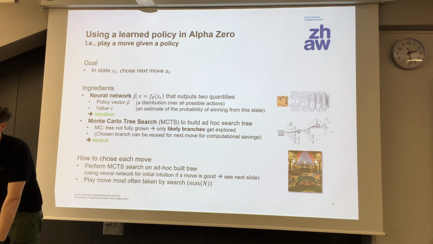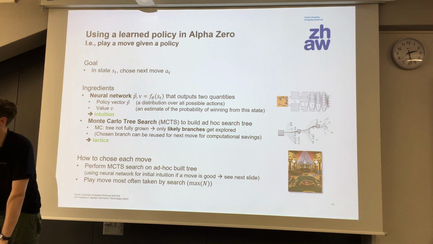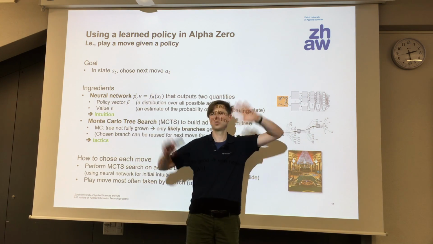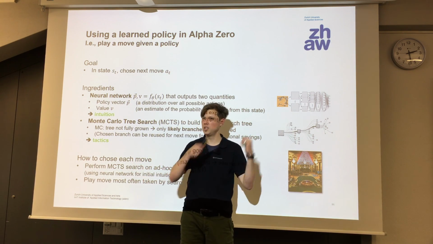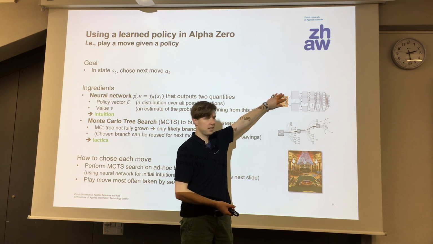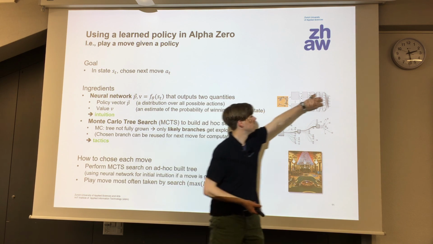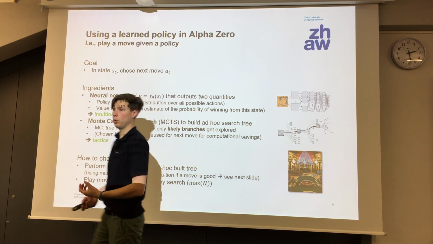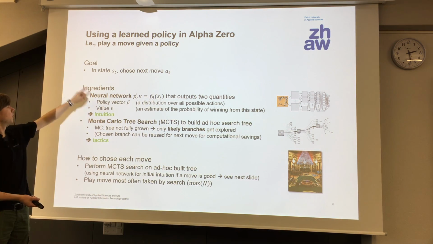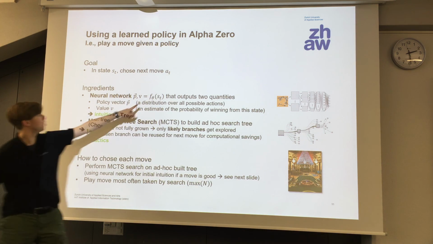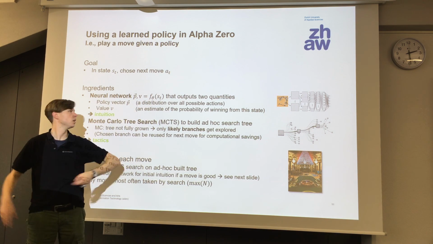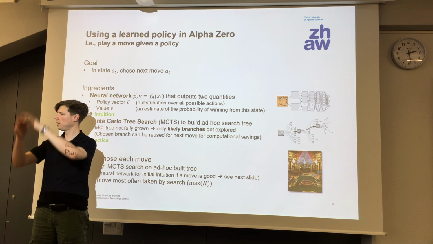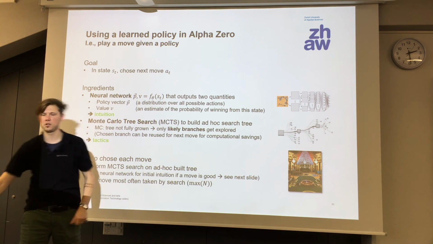So, imagine we have a learned policy. That means we have a trained neural network, or whatever kind of machine learning approach, but here it will be a neural network, that takes the representation of a state, outputs probability per action. How would we play with this? We have the neural network. We usually call it f, it's a function, parameterized by the weights of the network, summarized by theta, as we did in the very first lecture with all the parameters of the method.